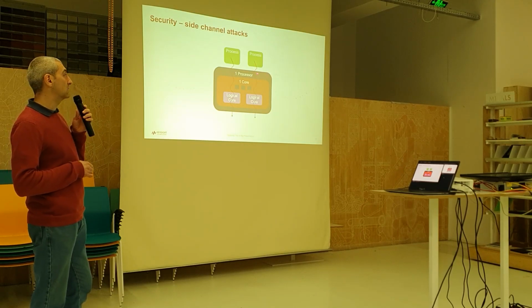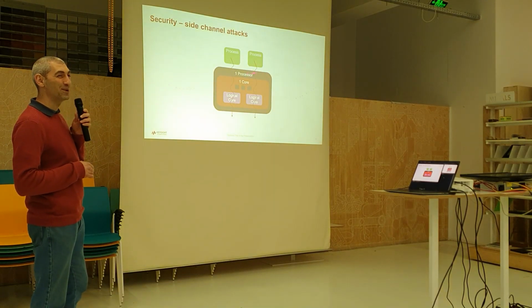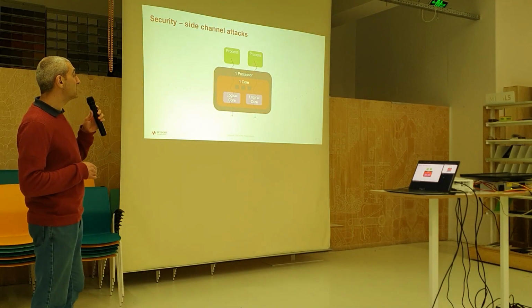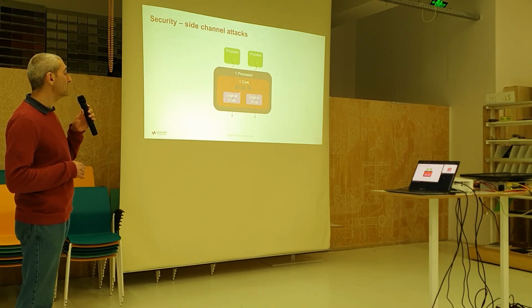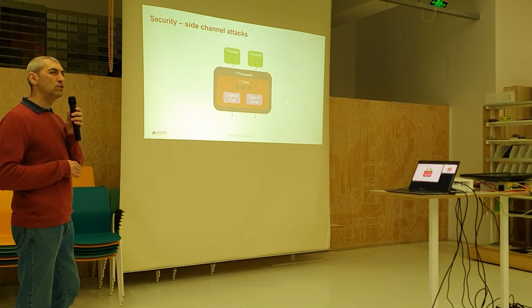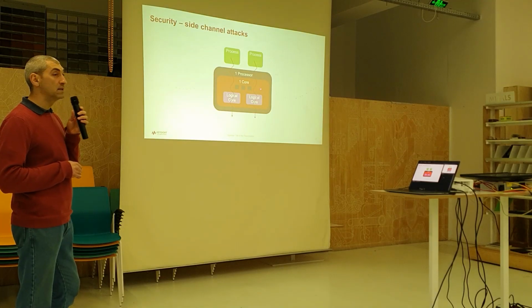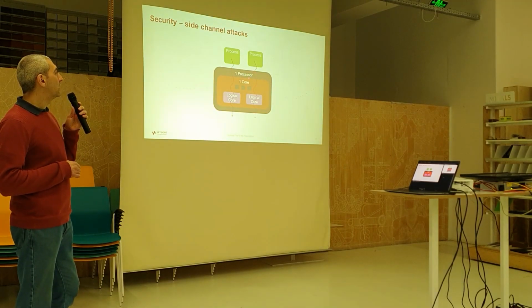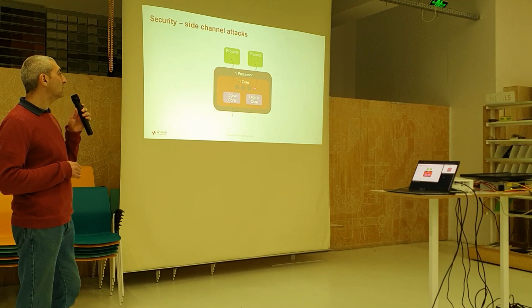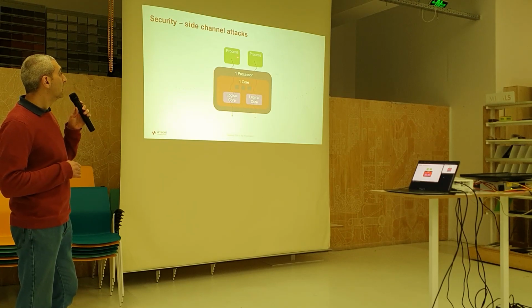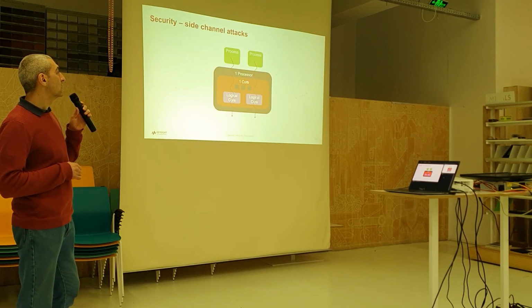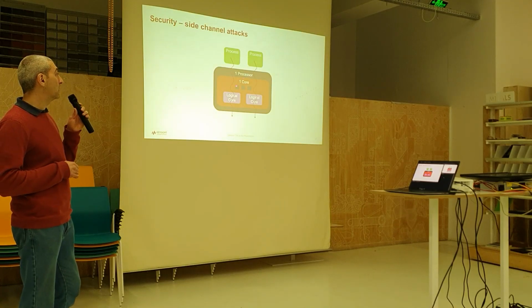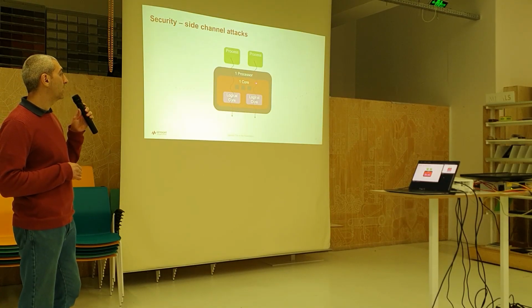I don't know how to call this, let's say a hacker, a malicious process, might execute at the same time on the other core. Then it might do some timing measurements. Let's say the first processor uses the AES unit, and the second malicious process waits because it also wants to use the AES unit.